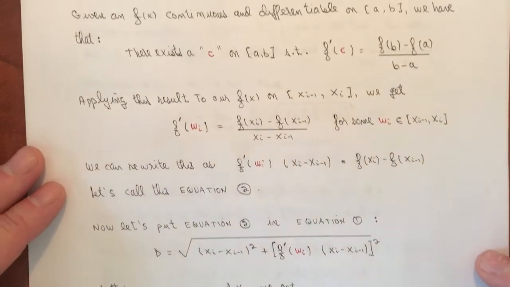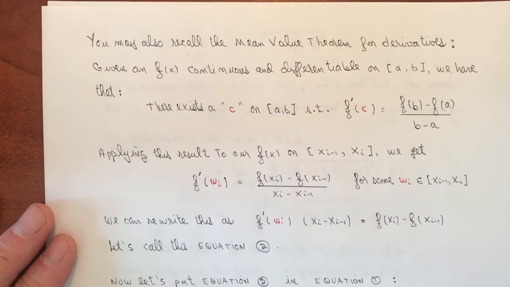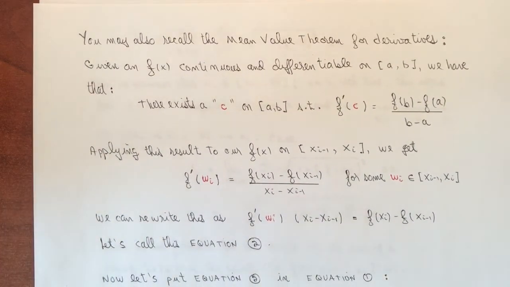You may also recall a result from Calculus 1 called the mean value theorem for derivatives. It goes like this. Given a function that is continuous and also differentiable on the closed interval AB, there exists a number c on AB such that f prime of that number c is equal to (f of b minus f of a) over (b minus a).